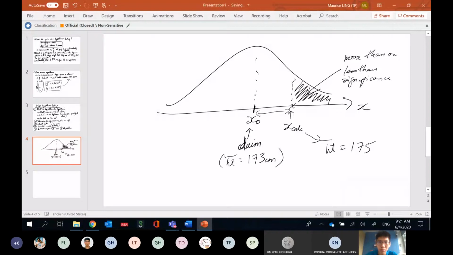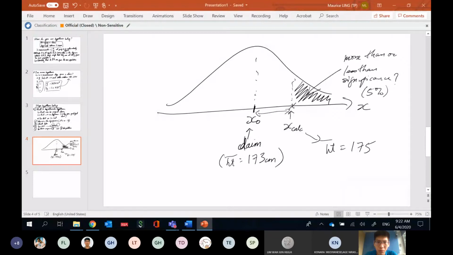Is this area more than or less than, let's say, 5% of the total area? If it's less than 5% of the total area, then I say that it's significant enough, because 5% is my threshold. It's my cutoff point. If it's more than 5%, let's say 7%, then I say that there is a difference, but it's not significant enough.